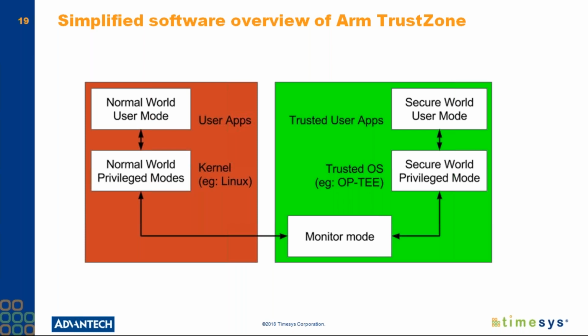And once it switches to the secure world, you have your secure operating system such as OP-TEE running. Then you can deploy trusted user applications on top of this secure OS. And the normal world applications can still talk to the secure world applications using shared memory.